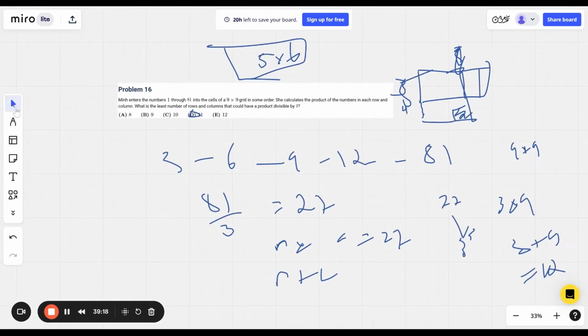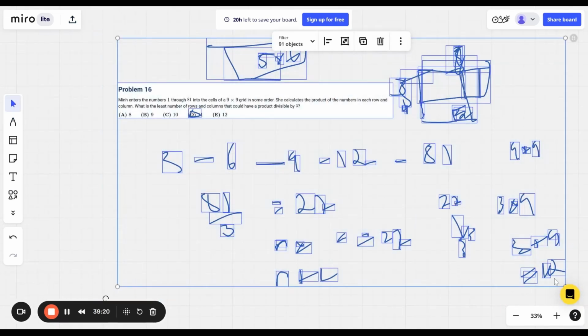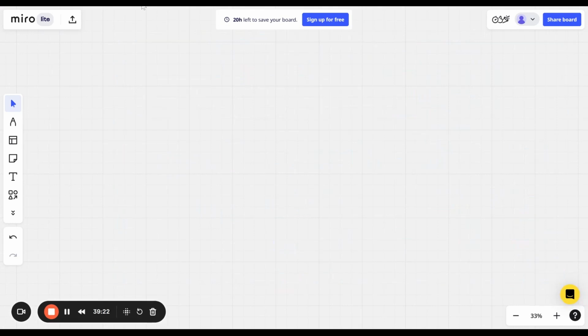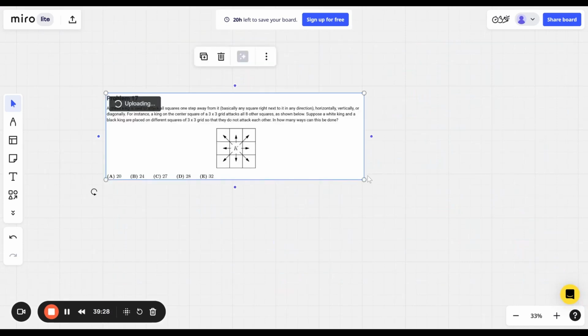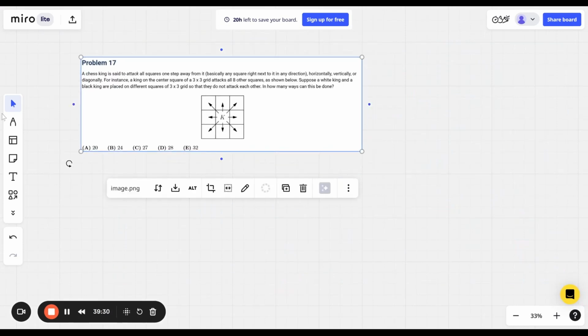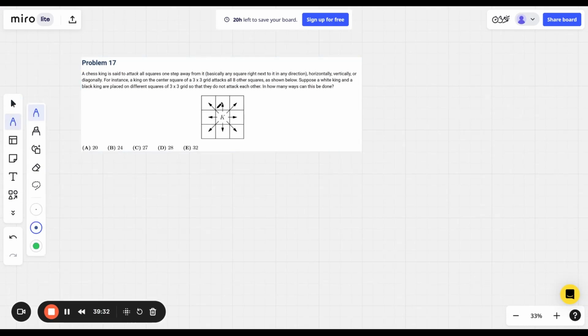Problem 17. A chess piece is said to attack all squares one step away from it, for example vertically or diagonally. They will just attack all the other squares like that.